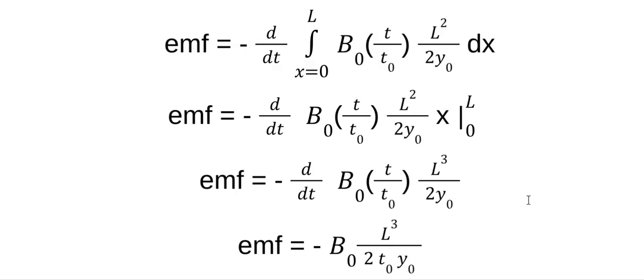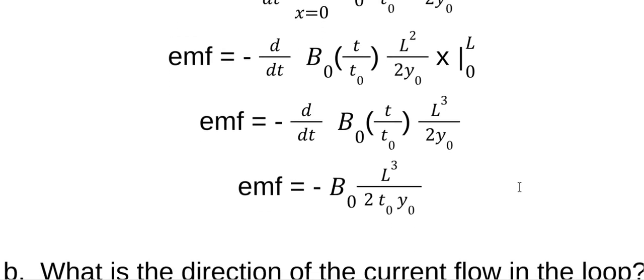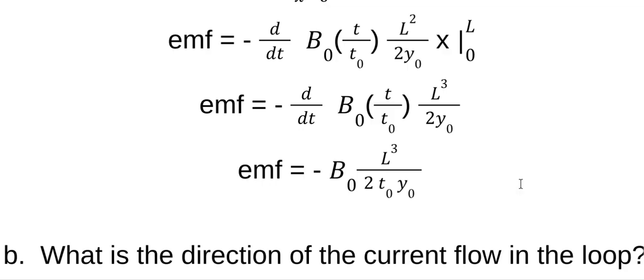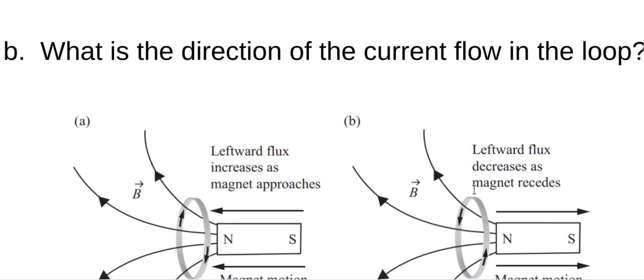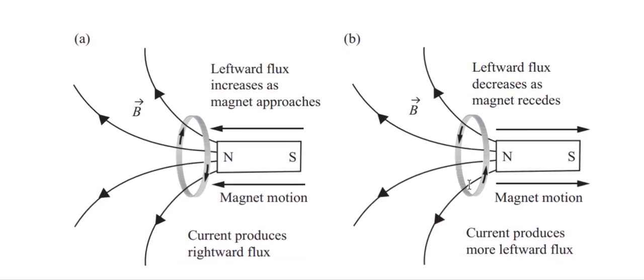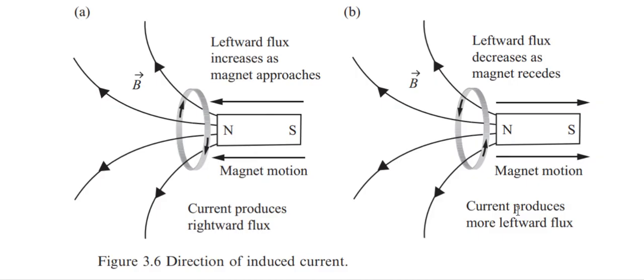All right. Now, the second part of his question was, what is the direction of current flow in the loop? Now, this part I am still a little shaky on. I've got to do more reading on this. Okay. So he shows it here. If the magnet is moving in this direction, the current is going to flow in the clockwise direction.